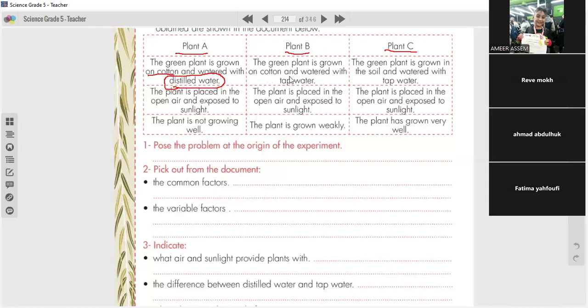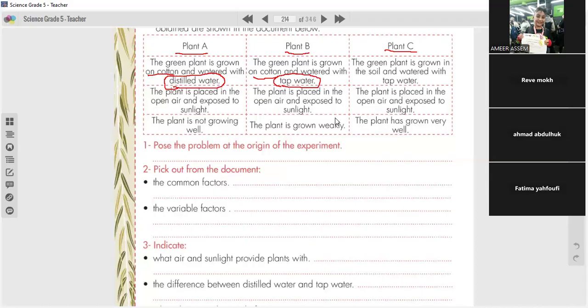Okay, what does it mean? Also, you put, or he puts plant B on cotton, not in soil, but with tap water. What does tap water mean, Amir Asim? Tap water means salted water. Okay, I mean water with salt, with minerals. With mineral salt. Yeah, exactly. Tap water.